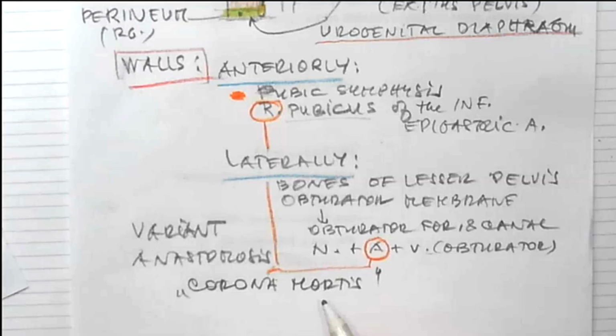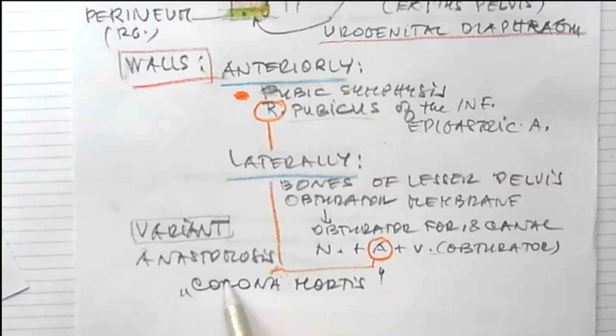But in that situation, they cut it, and patients died because of bleeding into the abdominal cavity. That's why they call it corona mortis, crown of death. Because this is a fatal situation if they cut this anastomosis between two vessels, it's a very risky situation.